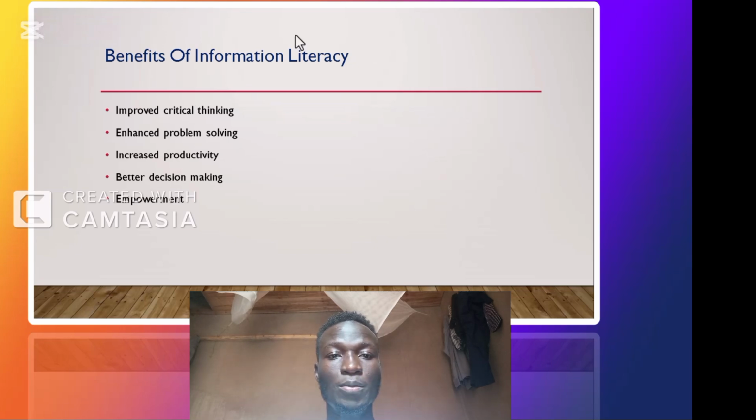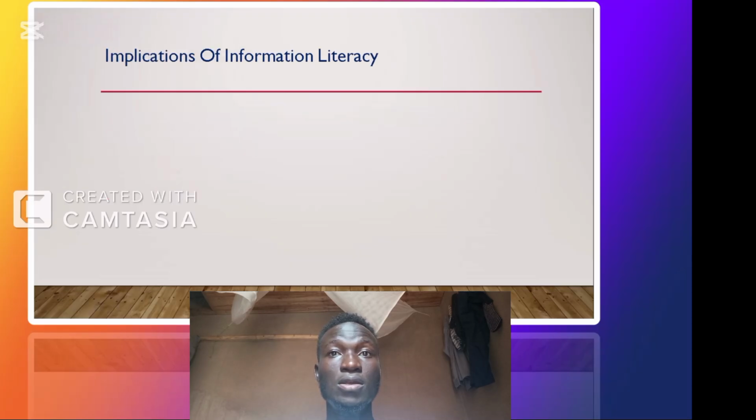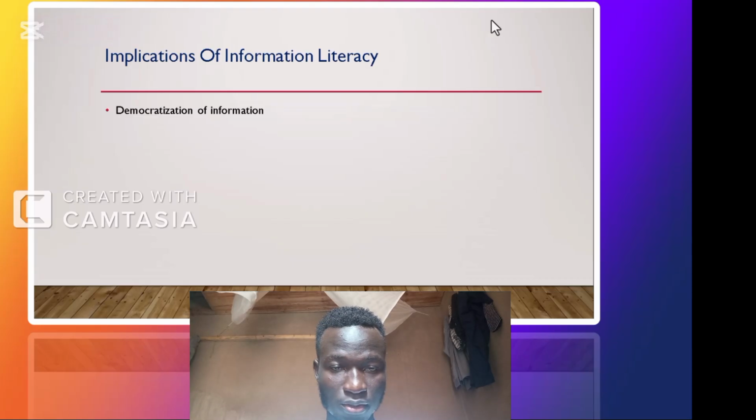The next one is empowerment. Under empowerment, you're going to see that the information you previously had has been built upon through the research you've made with the help of information literacy, and it makes you come up with empowered information which is profound and professional as well.